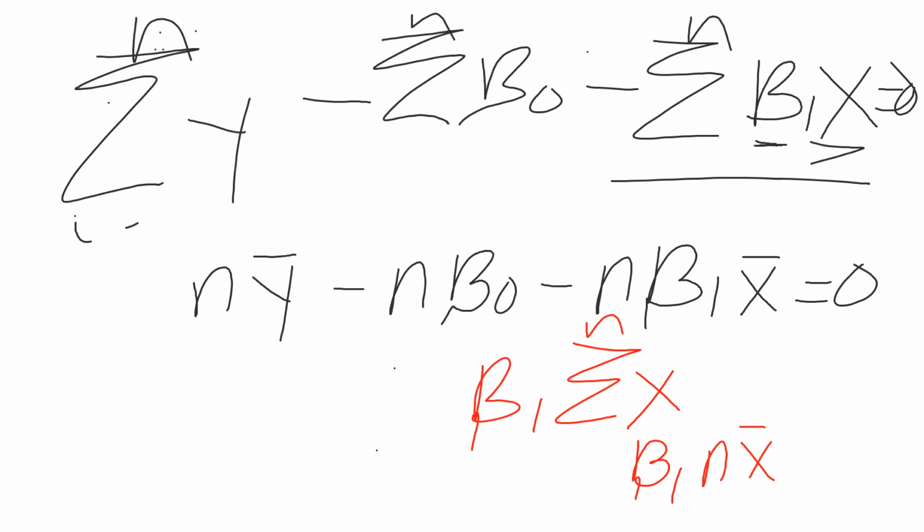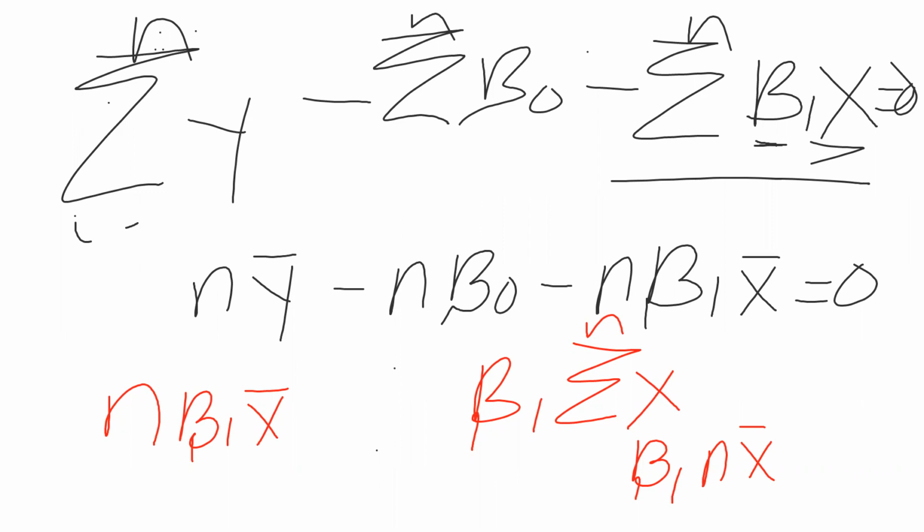So it simply means that since this is multiplication, it is as good as saying n beta 1 x bar. Multiplication is commutative. We learned that multiplication is commutative, which means 2 times 3 gives you the same answer as 3 times 2. So that's why we interchange this. It's still the same thing, it's multiplication.